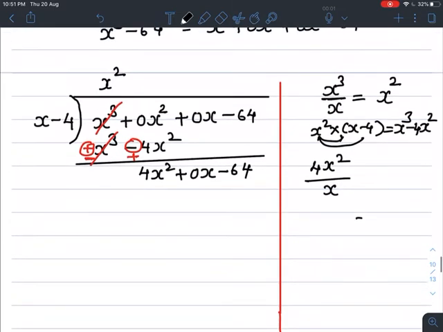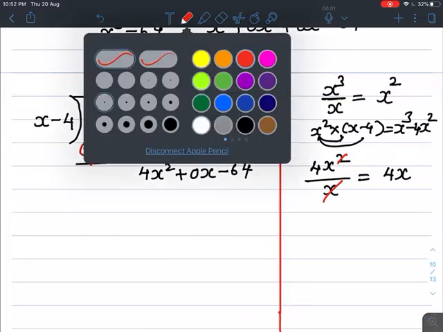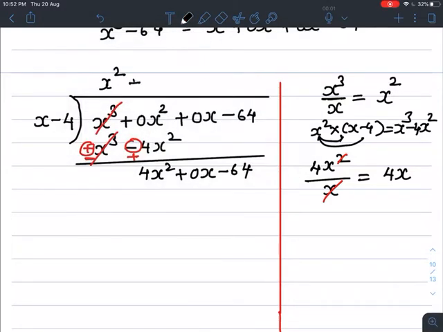So if you know it, I can write 4 into x upon x, x will get cancelled, you will get the answer 4x. So I will write here the answer. If you know, you can write 4x directly. Some students will do it this way also, x will get cancelled, here 4x. So I can write 4x immediately here. It is plus 4x.